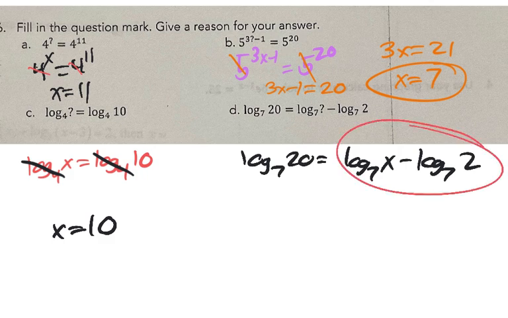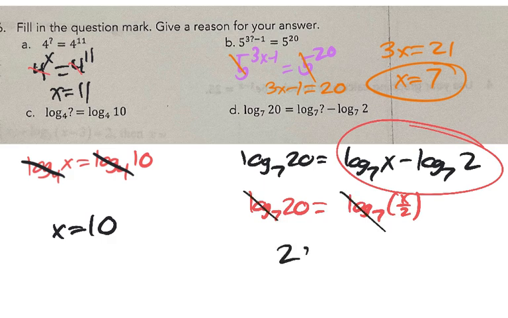But can I rewrite this as a single logarithm? Subtraction of logs can be rewritten as division of the arguments. Now, do I have a single logarithm on both sides? Drop the log base 7. So 20 equals x over 2.